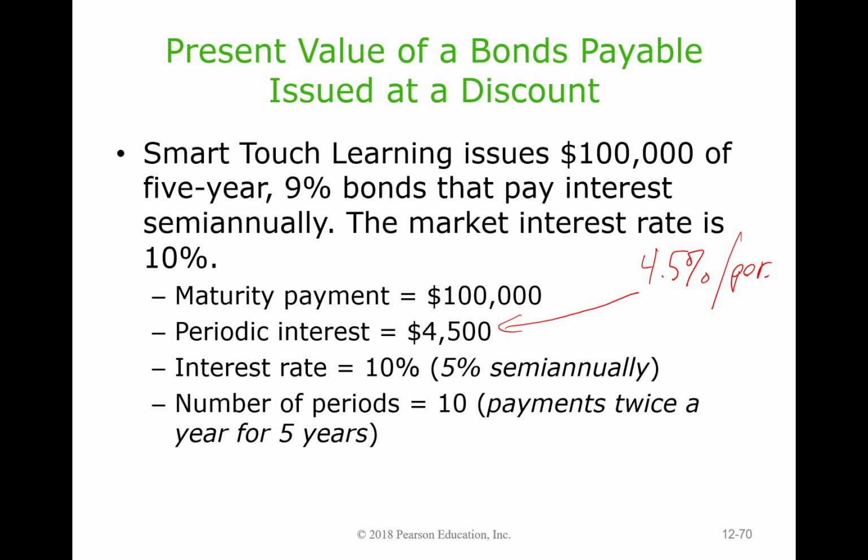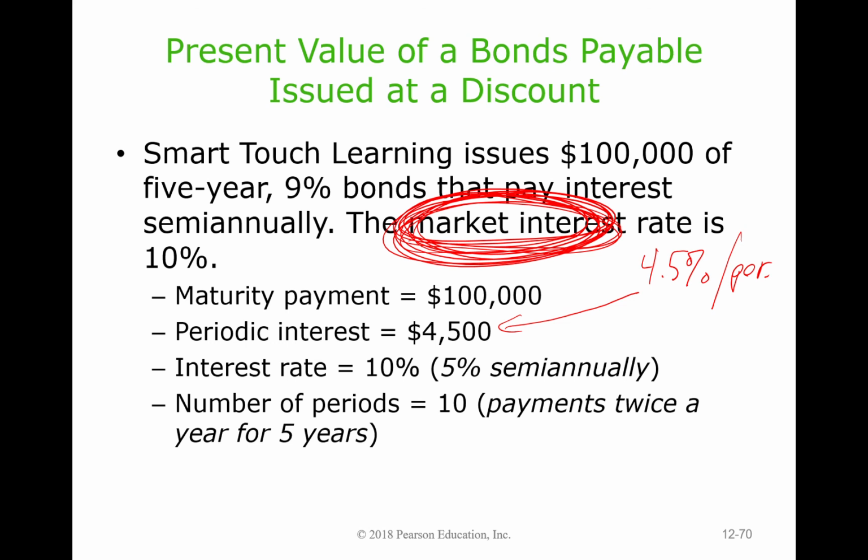Now, here's where we have to be careful. When we calculate the value of the bonds, we always use the market rate. I cannot stress this enough. The market rate is what we use to calculate these values.